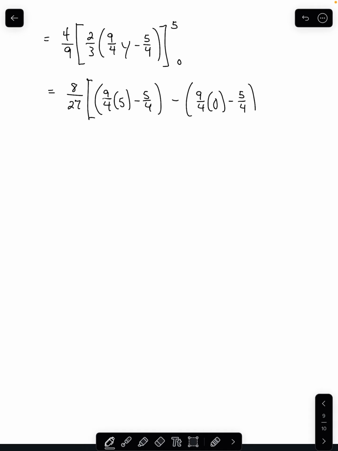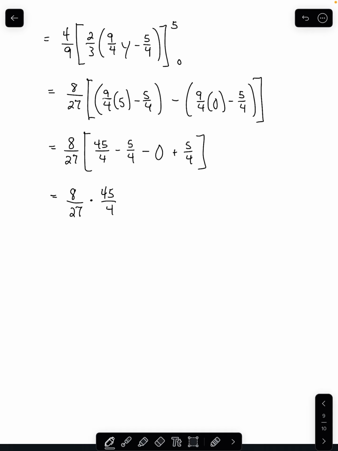This would give us 45/4 minus 5/4 minus 0 plus 5/4. Everything in the bracket then will reduce simply to 45/4, and through some basic cross simplification, we can arrive at the final answer of 10/3.